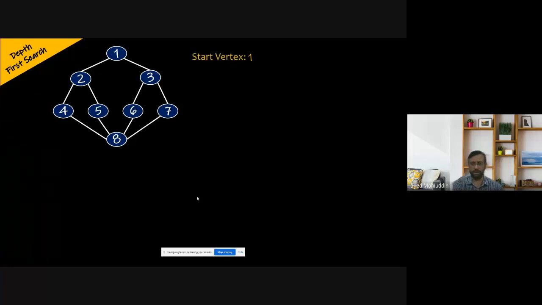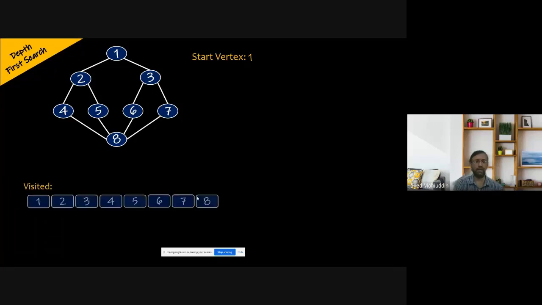Now, let us look at how depth first search works. We start with vertex 1. Even here we will have a visited array with an entry for each vertex, and the DFS arrow, which you can see here, is pointing to the first vertex.